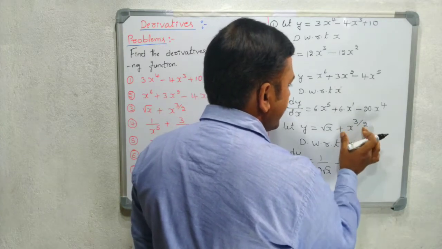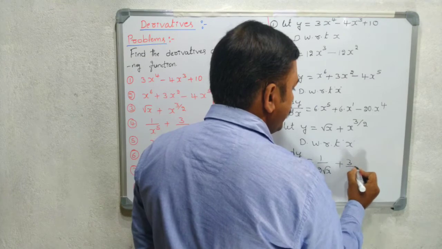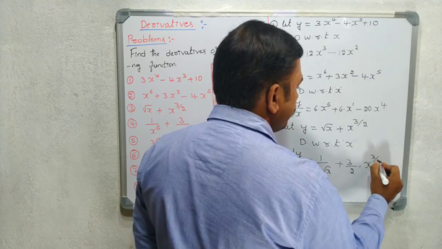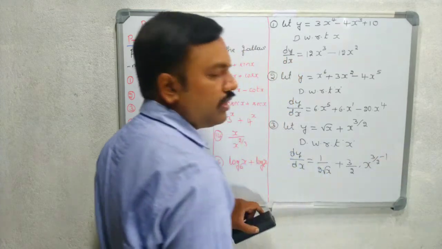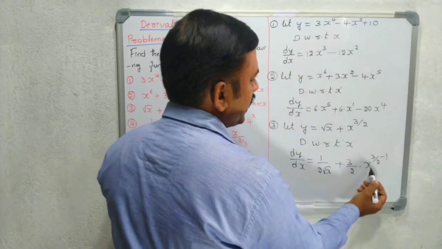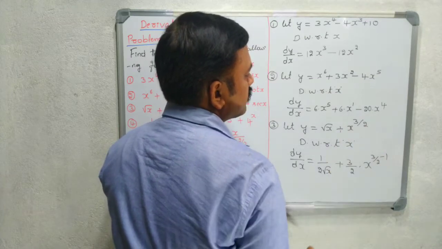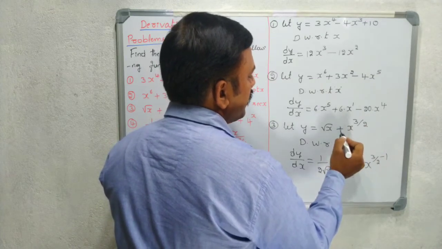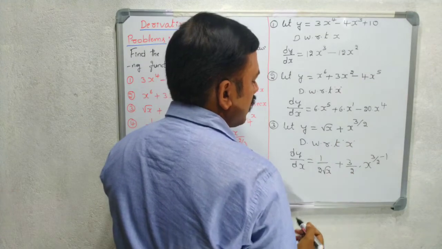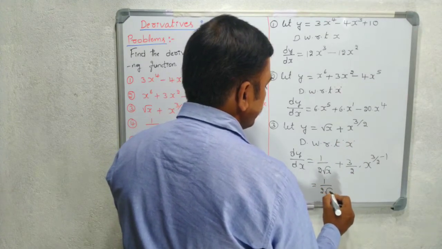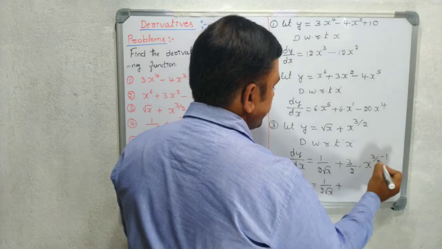So this can be written as 3 by 2 into x to the power of 3 by 2 minus 1. Observe here, n into x to the power of n minus 1. Simplify this. Take LCM.